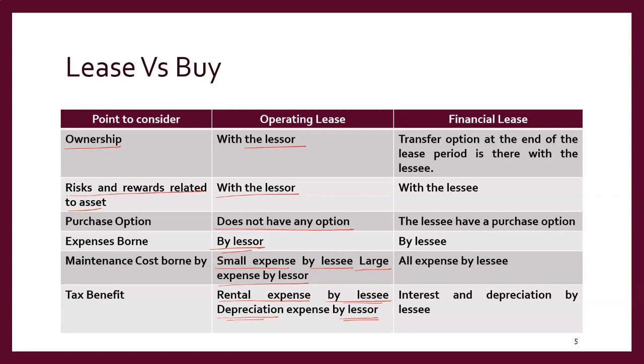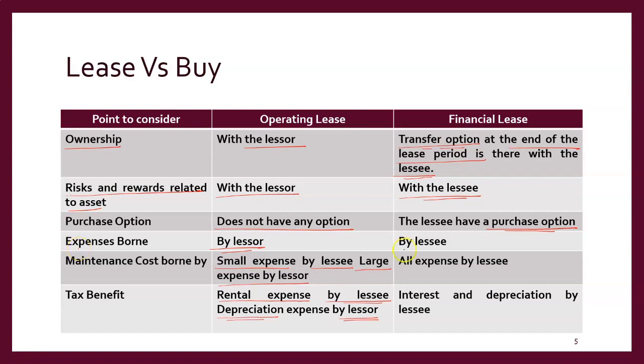In terms of a finance lease, there's a transfer option available at the end of the lease period, where the lessee can become the owner. The risks and rewards related to the asset are with the lessee, not the lessor. There is a purchase option: the lessee has the right to purchase the asset at the end of the lease period.